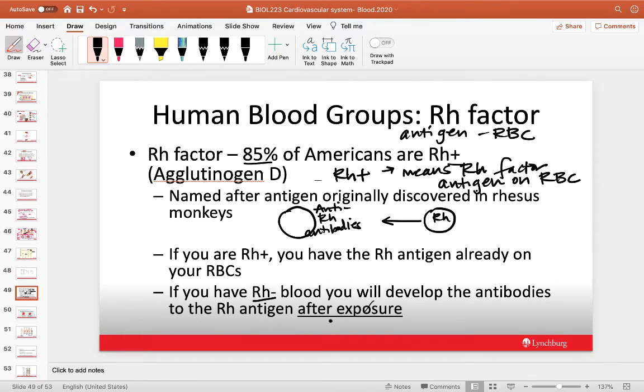The thing that's different with this is that it happens after exposure, as opposed to preformed like the ABO. So it is not preformed. It only happens after you've been exposed to Rh positive blood.